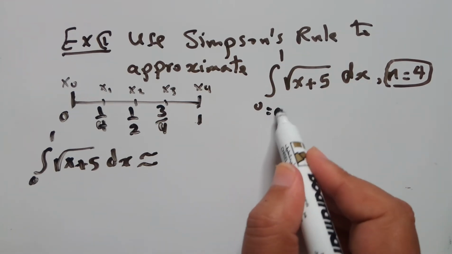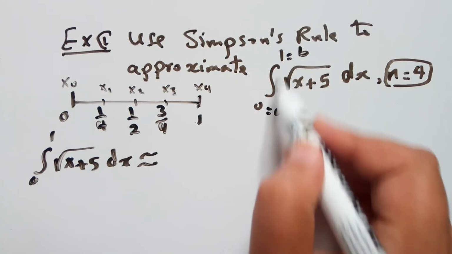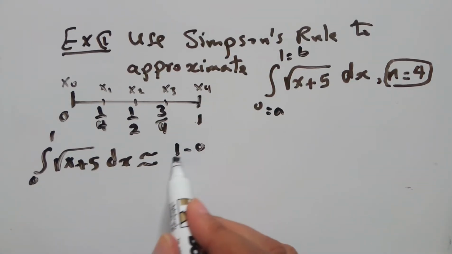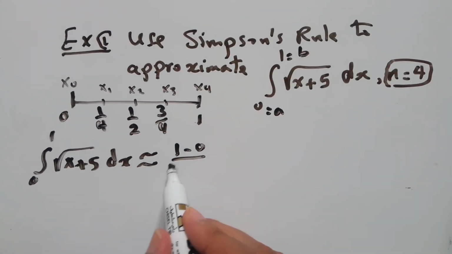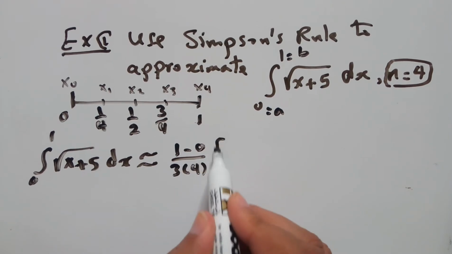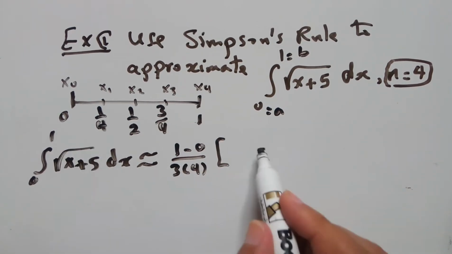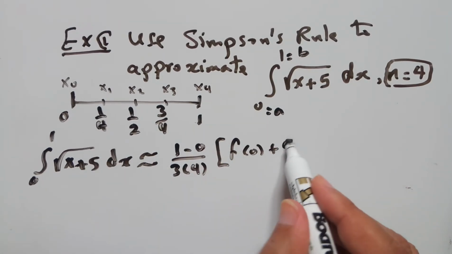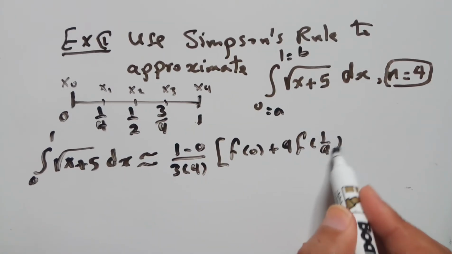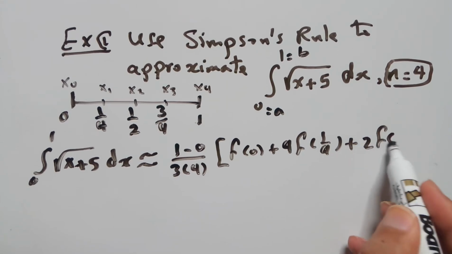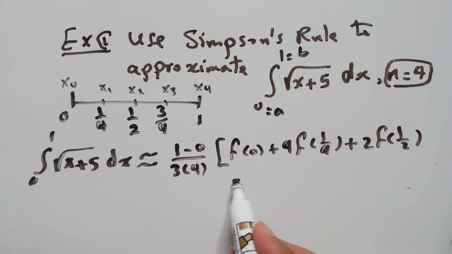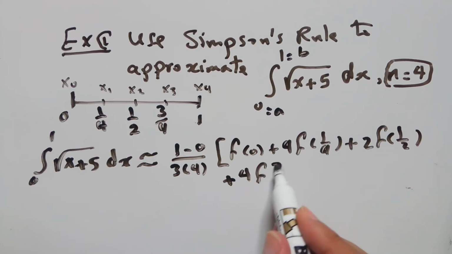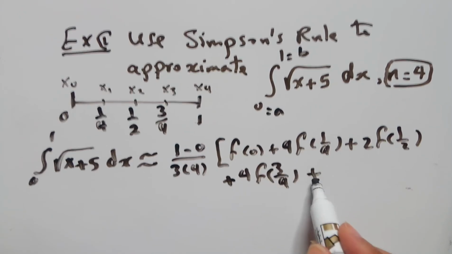This is a and this is b. b minus a is 1 minus 0, divided by 3n, 3 multiplied by 4, multiplied by f of x naught, f of 0, plus 4 f of 1 over 4, plus 2 f of half, plus 4 f of 3 over 4, the last one f of 1.